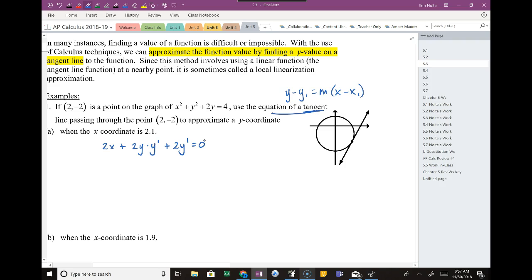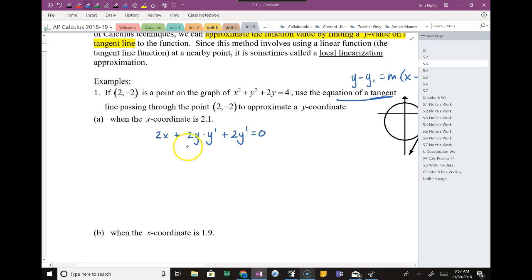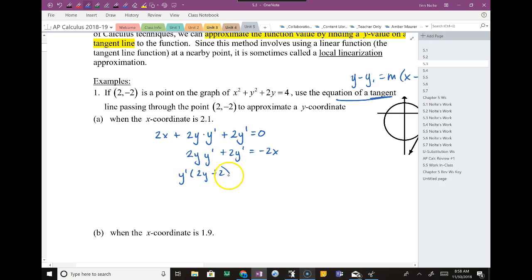In order to find my slope, I need to isolate my y prime, my derivative piece. How would you isolate y prime? Some algebra. Let's subtract the 2x first, and then you can pull your y prime out on the left-hand side. If I pull y prime out of those two terms, what's left over? 2y plus 2.